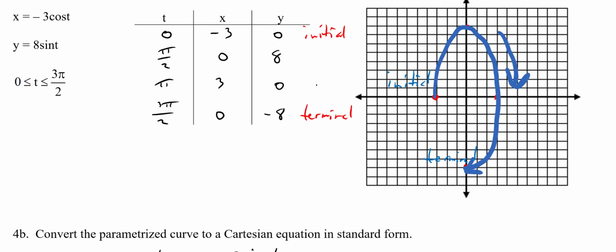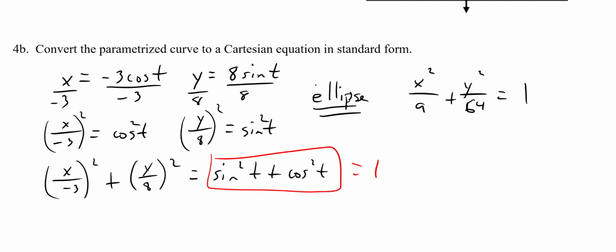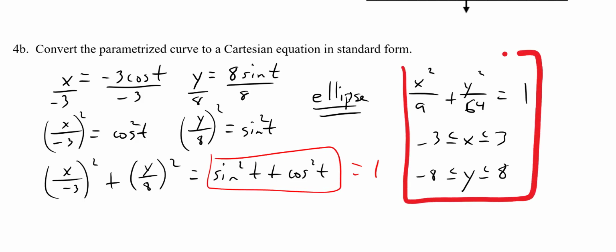X is between -3 and 3, and y is between -8 and 8. There we go. That's your answer. That is, and it's in standard form. Okay, so that is your ellipse in standard form.